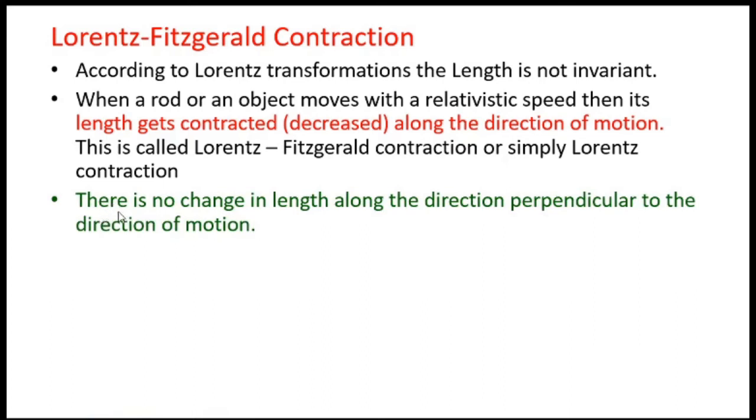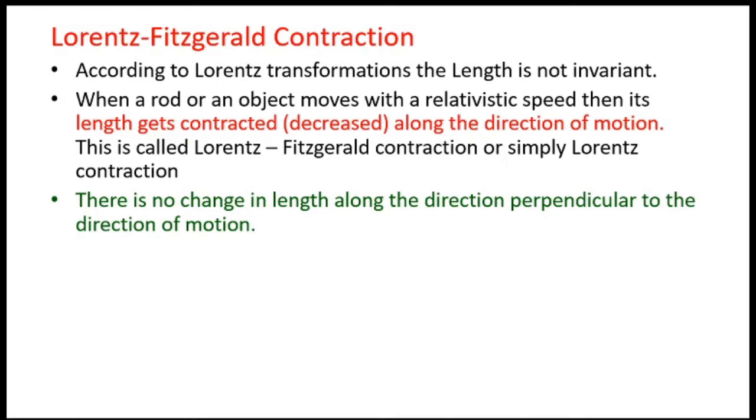Then there is no change in the length along the direction perpendicular to the direction of motion. So if a rod is moving along the x-axis, then its length will change along the x-axis. But in the perpendicular direction, that is y and the z directions, there will be no change in its length.